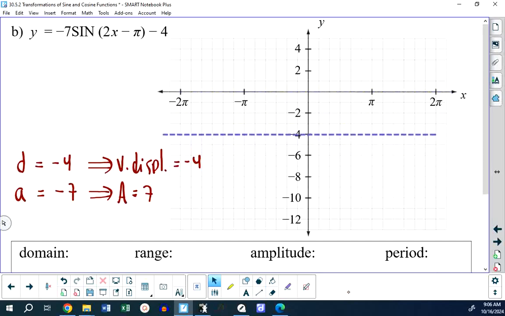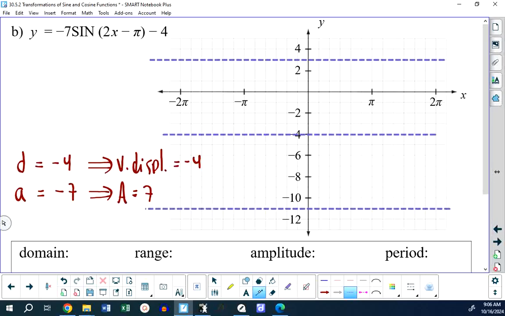It's going to be here. The top of the graph and the bottom of the graph have to be 7 above and 7 below because the amplitude is 7. So the top of the graph is going to be 7 above, which puts it here. The bottom of the graph will be 7 below, which puts it here.